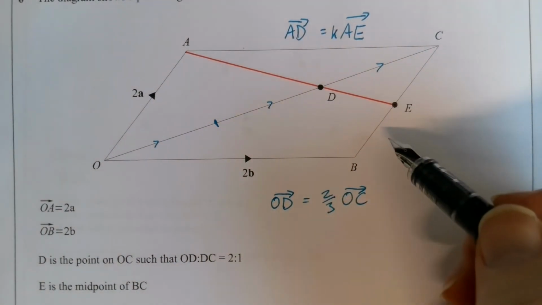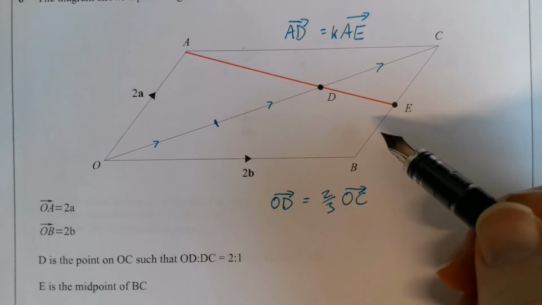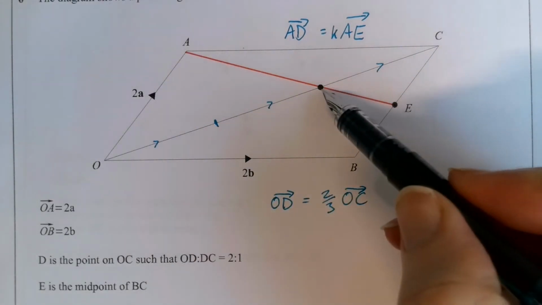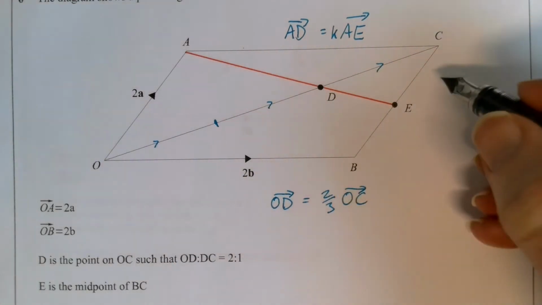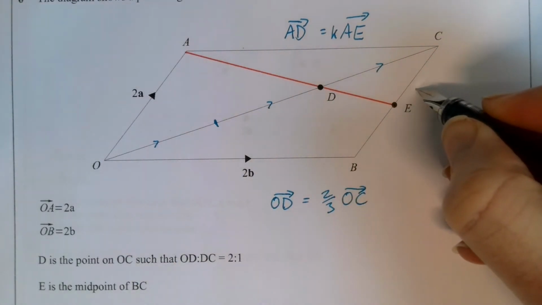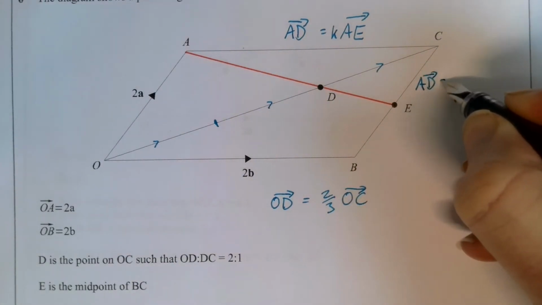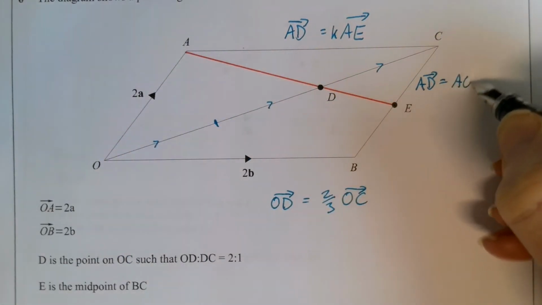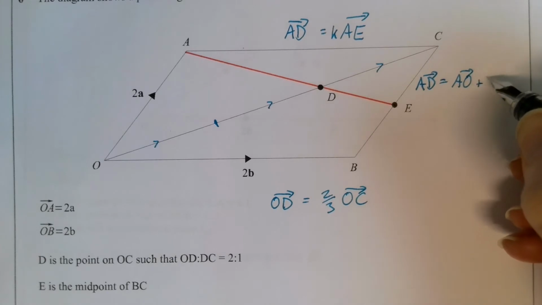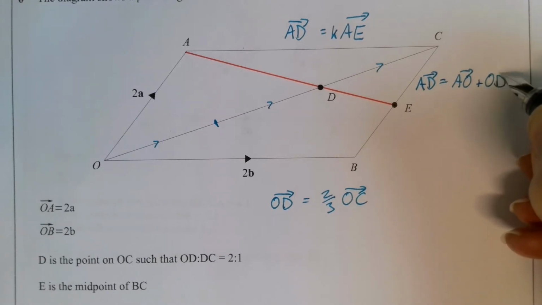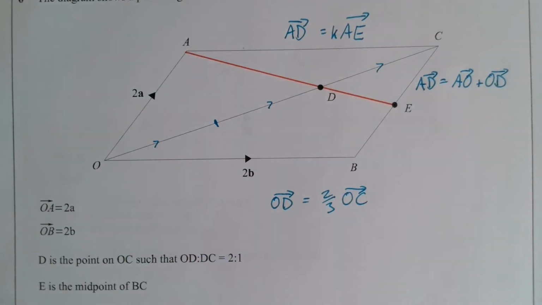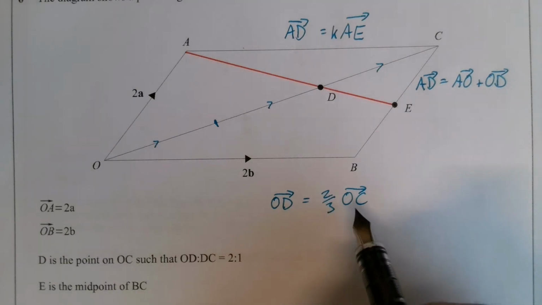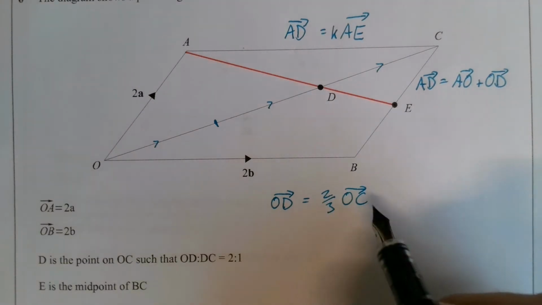So let's start off by trying to work out how am I going to get from A to D. Well, I should say that AD is going to be A to O plus O to D. And I know that O to D is 2/3 of O to C.